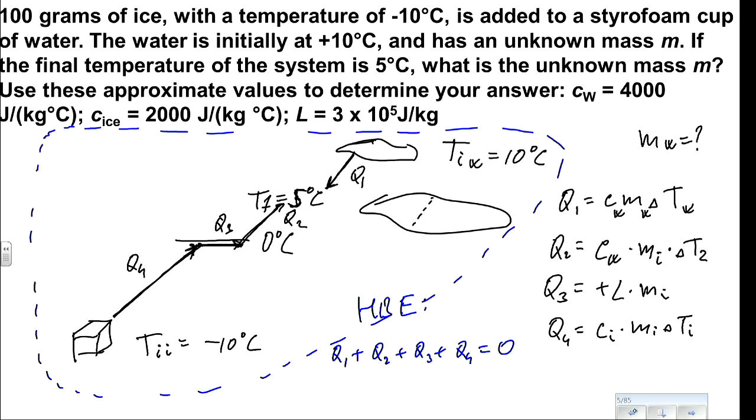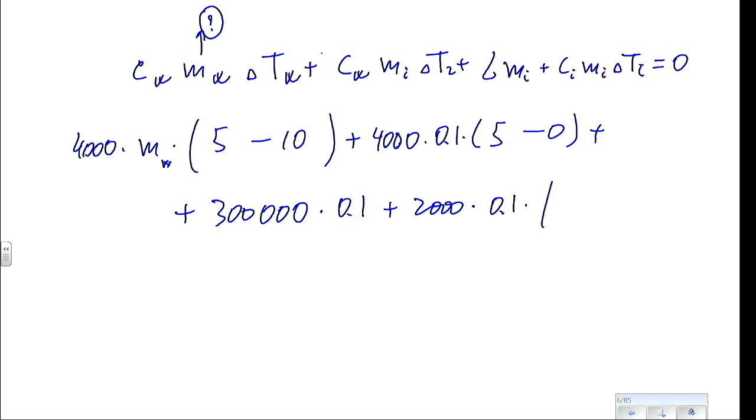So we have to see and understand the difference between the final temperature for the process and the final temperature of the system. The final temperature of the system is 5, but for this particular process, the final temperature is 0. So final minus initial, 0 minus 10.